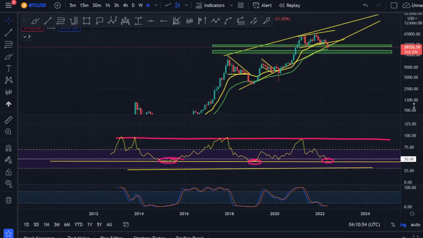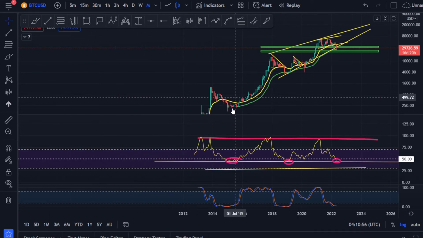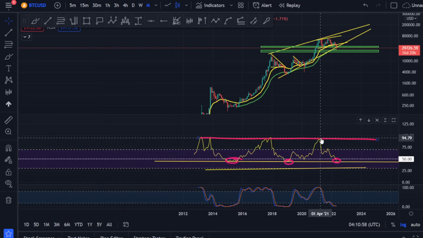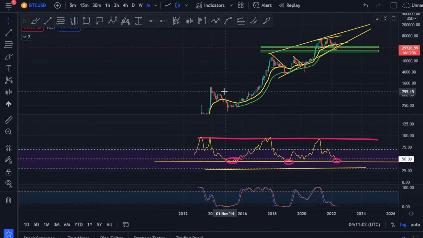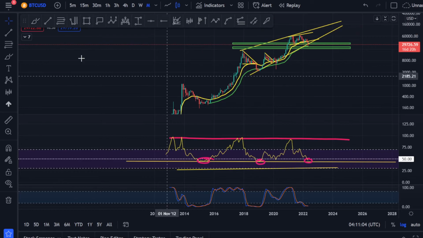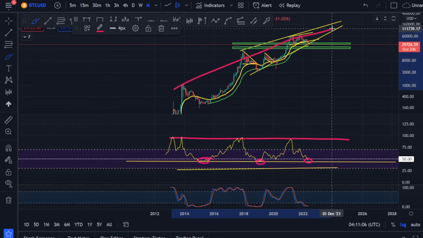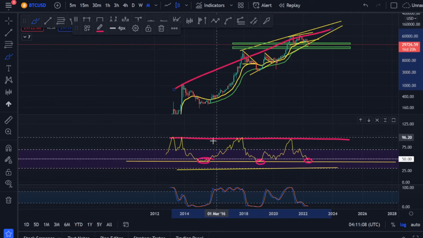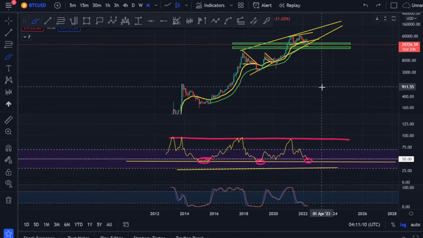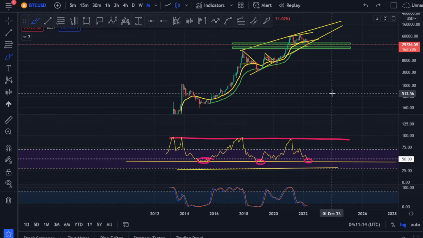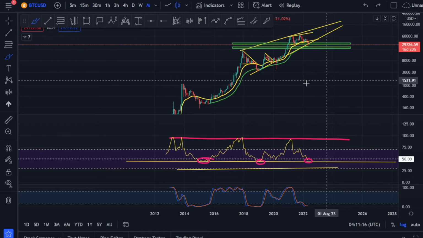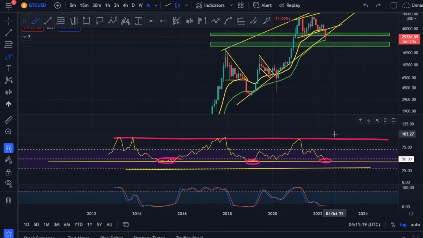And let's go to the chart. You can see every time Bitcoin does hit the 94 levels, close to 95, it tends to come down, okay? And you can see this is a bearish divergence actually. So that's why you have this fall. Now, if it can go and hit that, and maybe then it's going to start moving towards the upside, that would be great, because it's a very similar repetitive pattern.